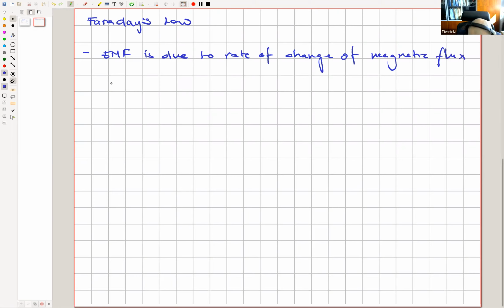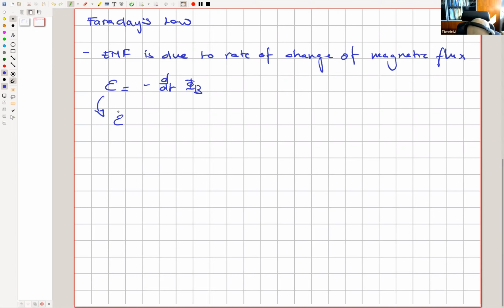So in particular, this curly E, EMF, is equal to the negative of the rate of change, so the derivative, of the flux of the magnetic field. This E, the electromotive force, which again last time we discussed is not really a force, it's more a work done per unit charge.